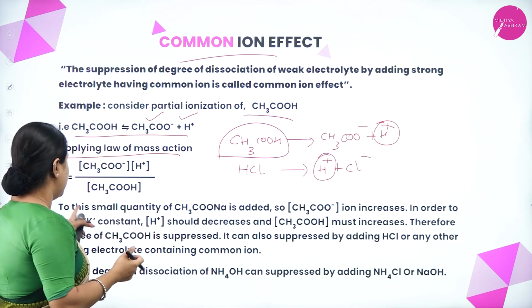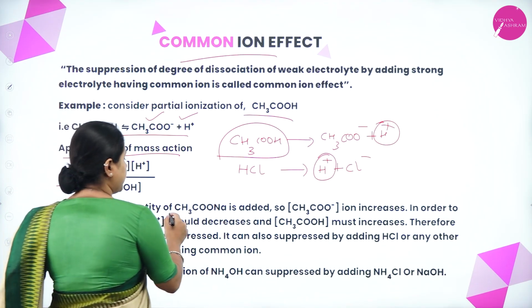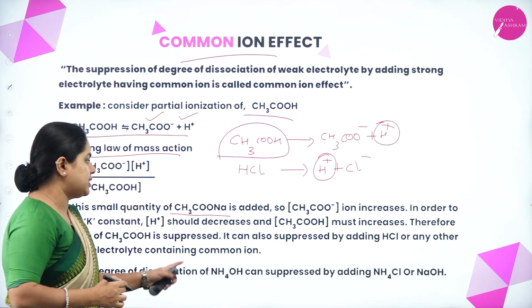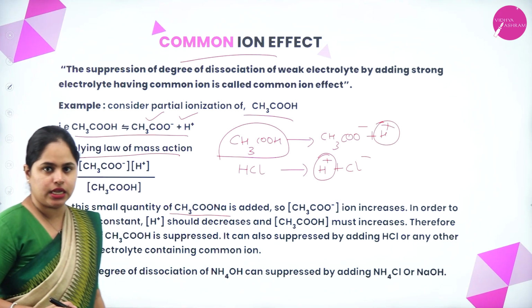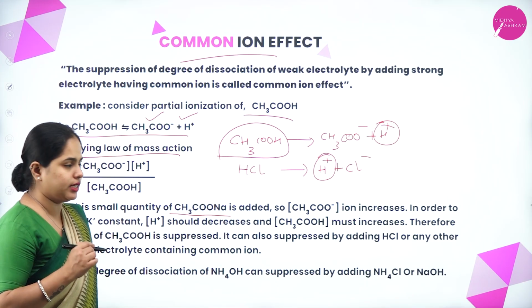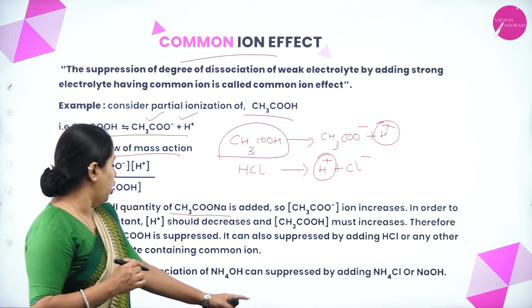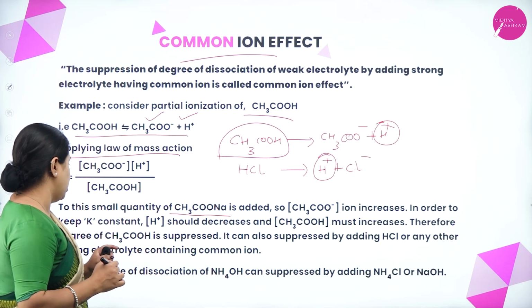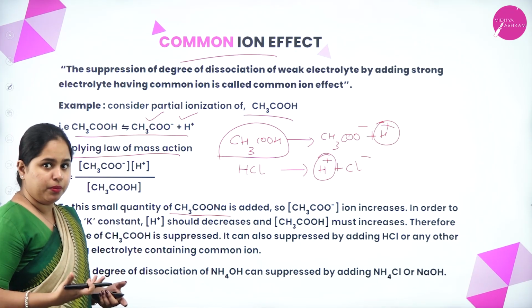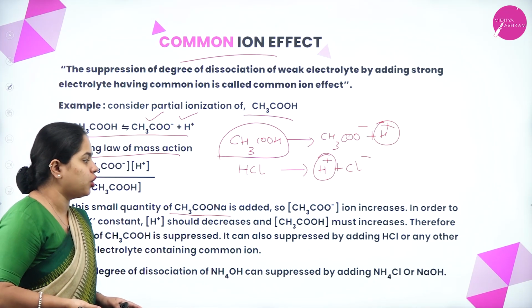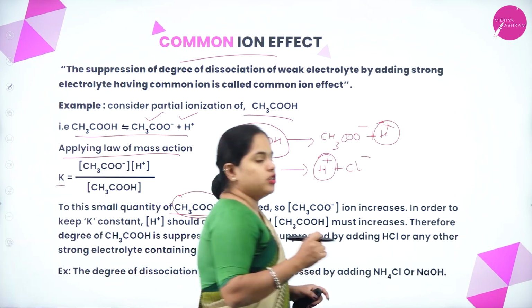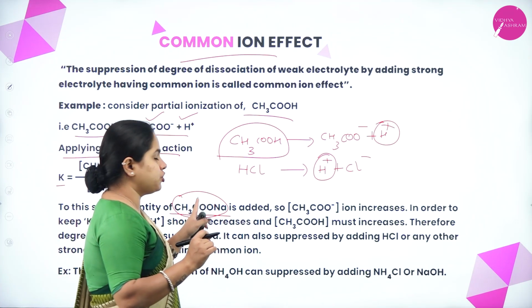To this, a small quantity of CH3COONa, a salt, is added. So the concentration of CH3COO minus ion increases. In order to keep the equilibrium constant K constant, the H plus ion should decrease and the CH3COOH concentration must increase.